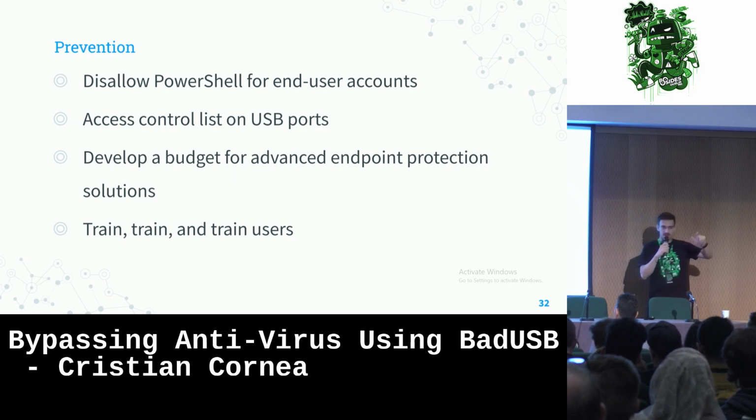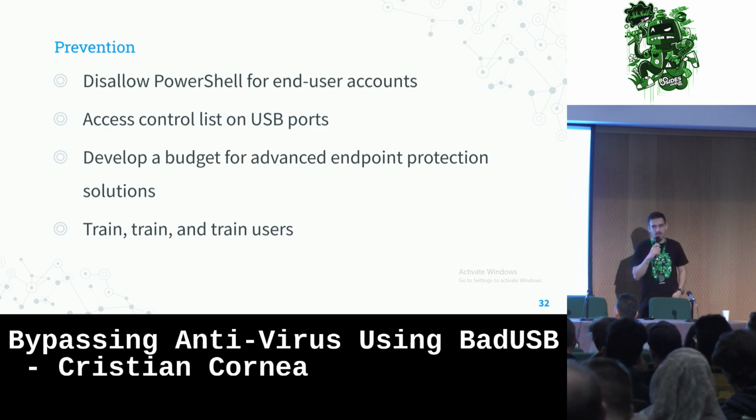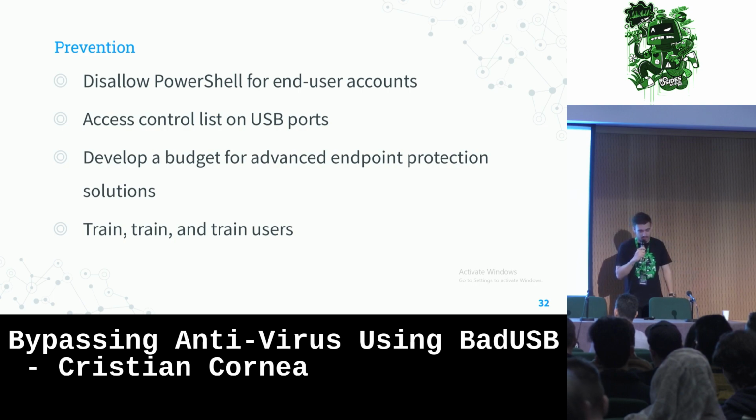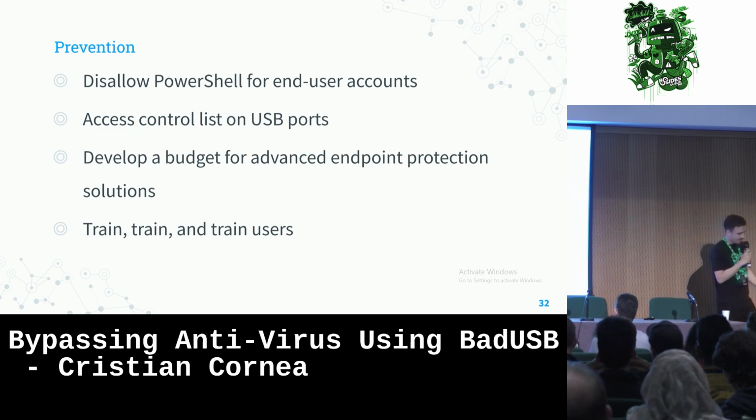Switch from an antivirus perspective to an advanced endpoint protection, such as an EDR. And also security awareness for users. Don't pick USBs from the parking lot and insert them into your computers. Or if you find a USB in a backpack, don't plug it into your computer. So things of the nature.